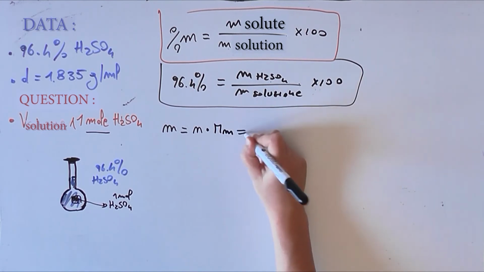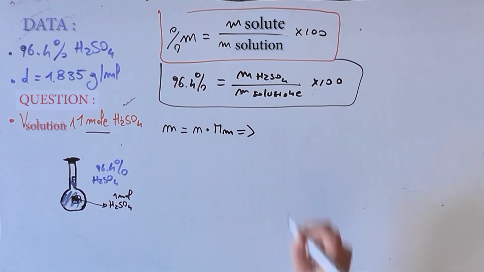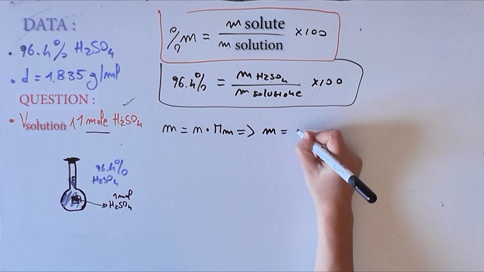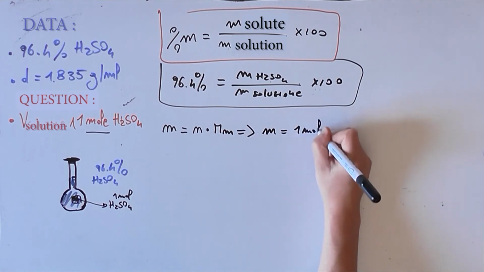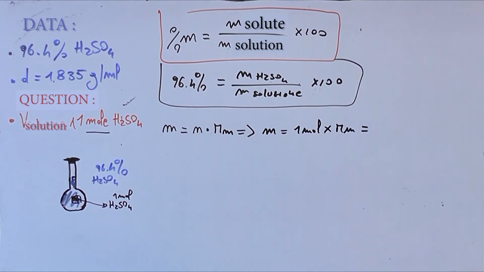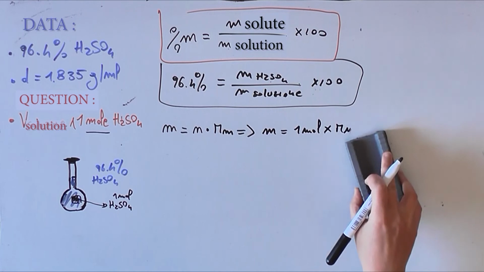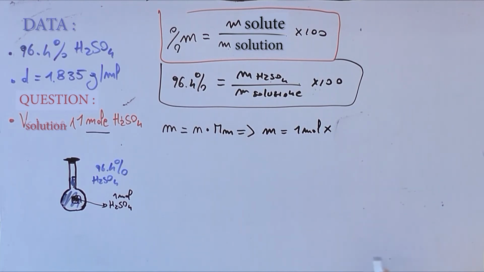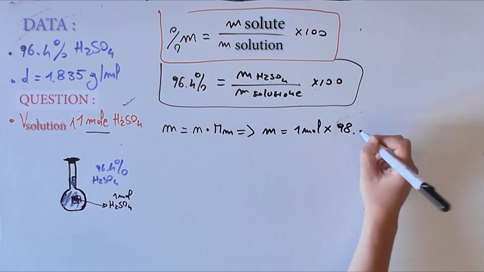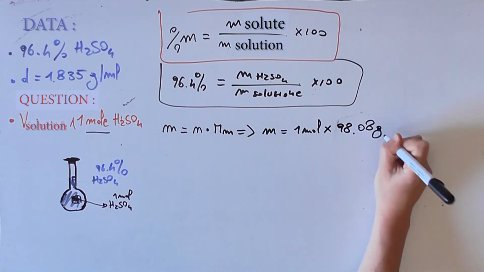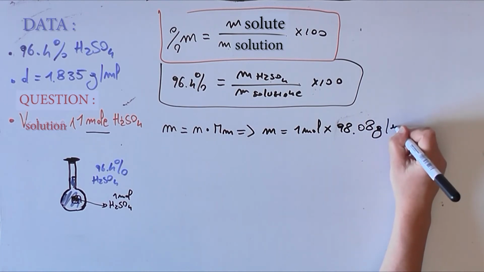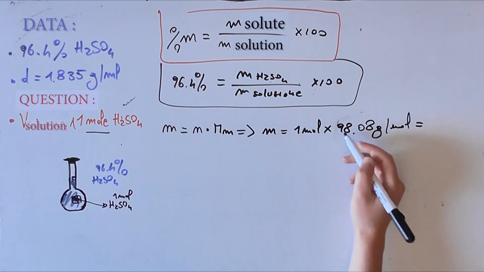So now this means that the mass of sulfuric acid is 1 mole, because I have 1 mole to calculate, times the molar mass of sulfuric acid, which is something you can calculate using the periodic table, or just Google it and you will find it. So it's 98.08 grams per mole.